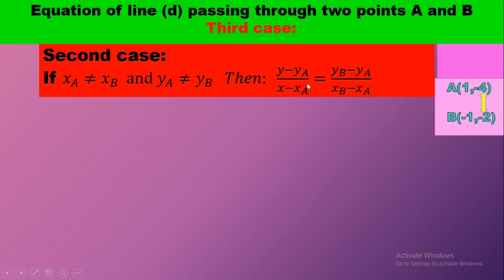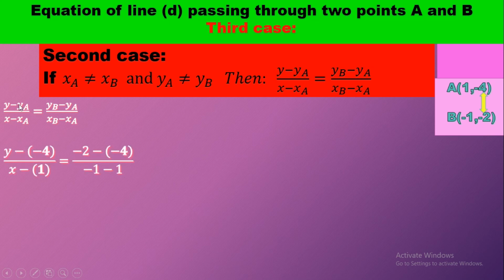Now let's start together by finding the equation of the straight line AB. (y - ya)/(x - xa) = (yb - ya)/(xb - xa). Now we just replace them. Ya, you know it's minus 4. Xa is 1.